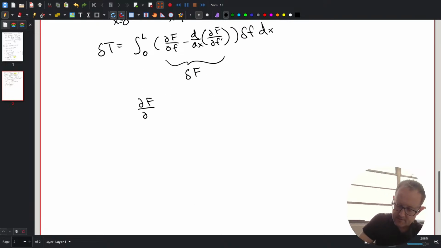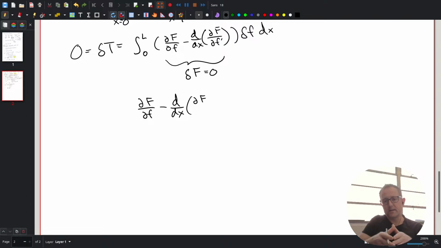If I want this to be 0, then this one has to be 0, because if that delta f is 0, that means delta t is 0, which means we're at that minimum time that we're looking for, that we're at either some maximum or some minimum. In this case it would be a minimum, because we can always make the path longer and take longer time. So we're assuming that if we hit this point of delta t equals 0, we're at some inflection point, so it's got to be that minimum amount of time.